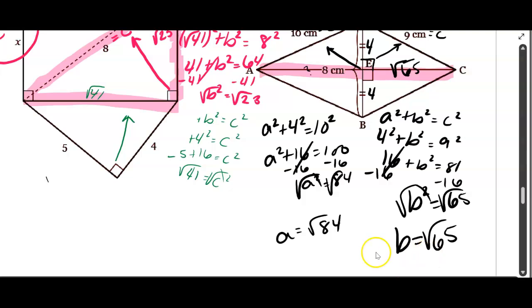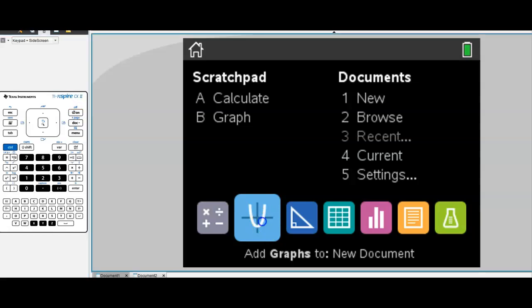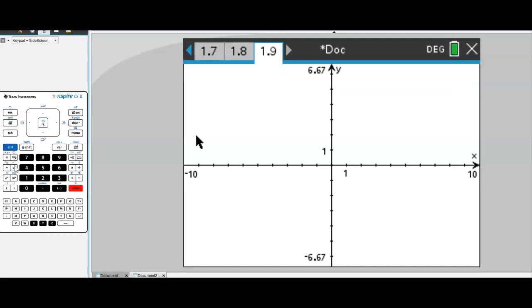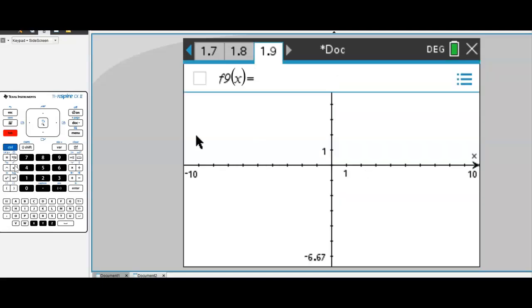Now, like I said, you can double check to see if it simplifies. Square root of 84. Oops, not square root of 84. 84 divided by x.